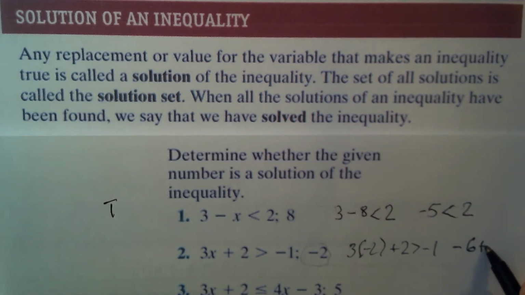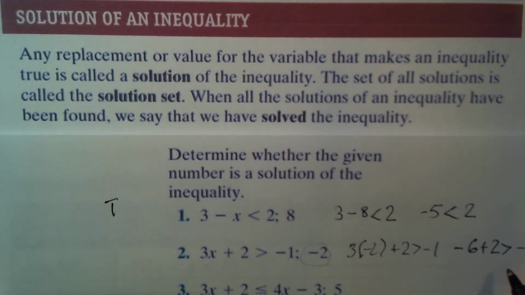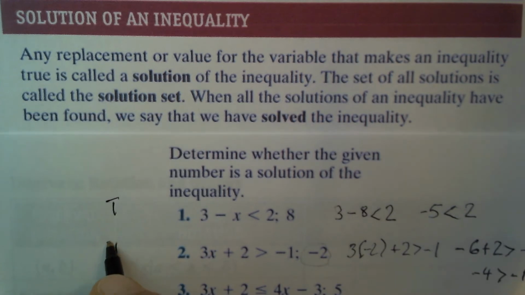And minus 6 plus 2 is negative 4. And is minus 4 greater than negative 1? That is a false statement because minus 4 is to the left of negative 1. So it is less than negative 1. So this is false.